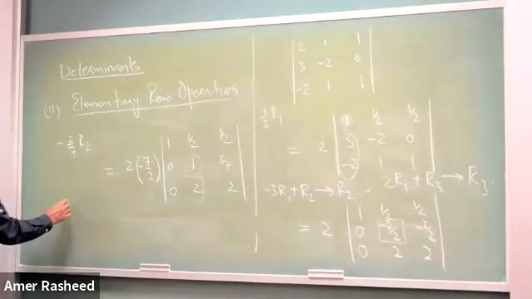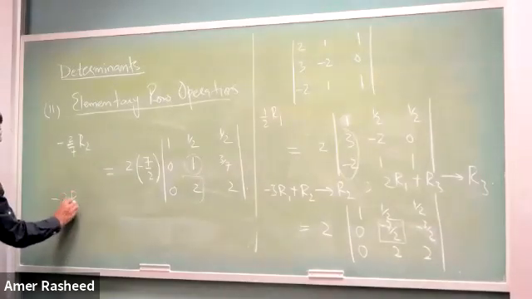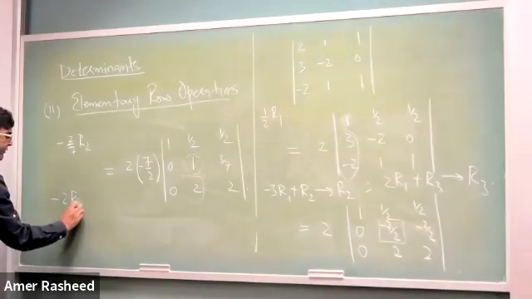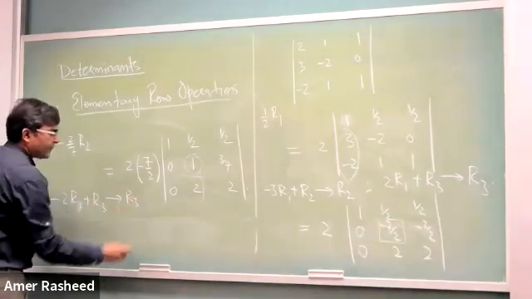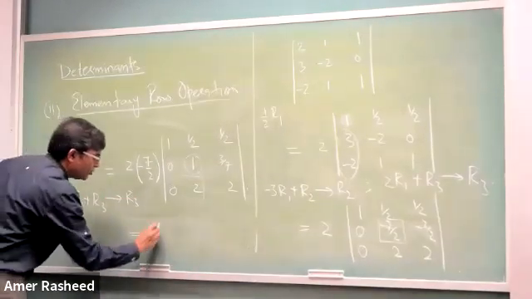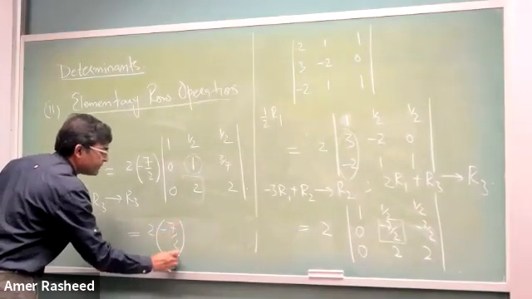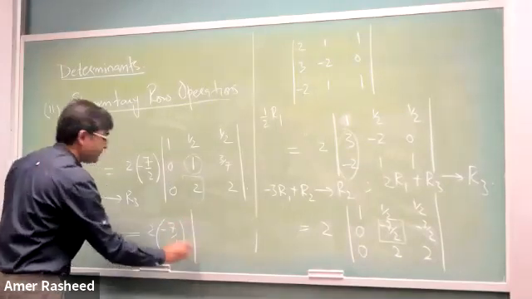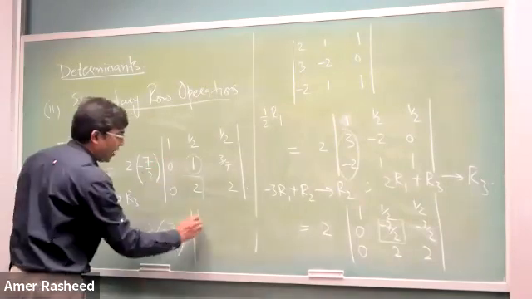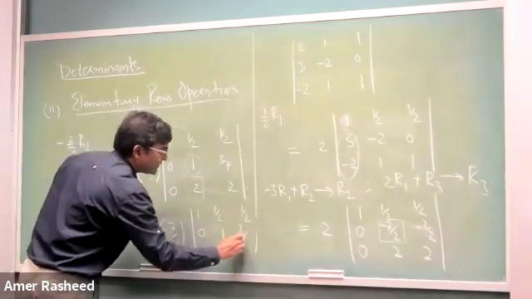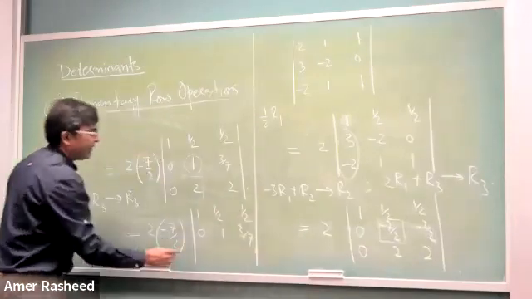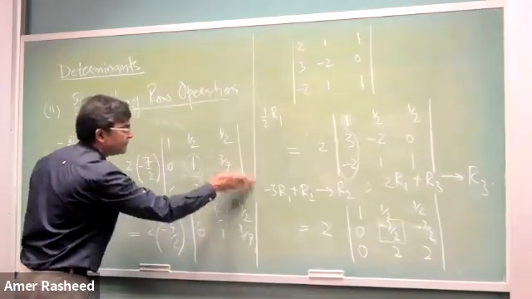Yes, thanks. Now I'm going to make this one 0. So what do I need here? -2R2 plus R3, and this will change R3. So this will become now 2 times -2 by 7 times determinant of this is 1, 1 by 2, 1 by 2, 0, 1, 3 by 7, and tell me these entries.